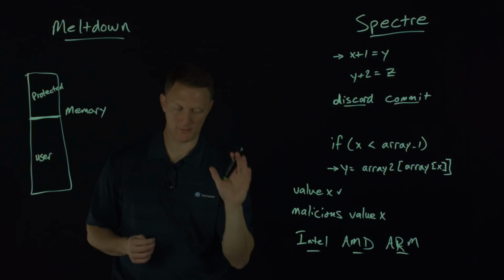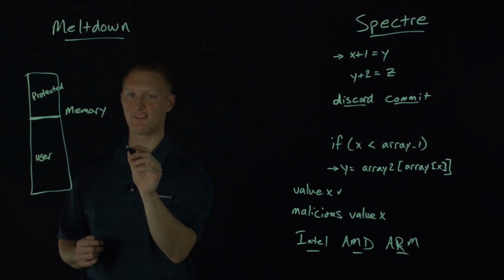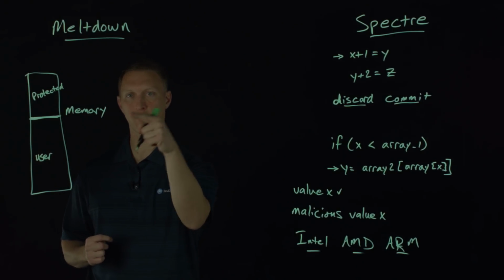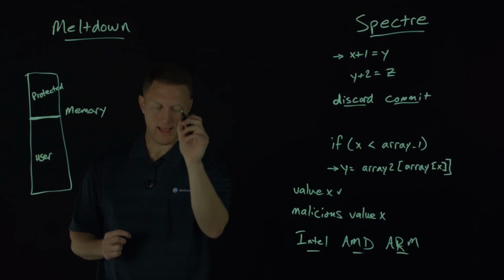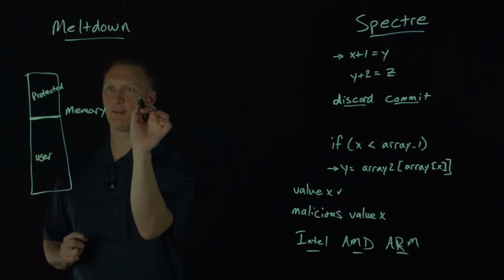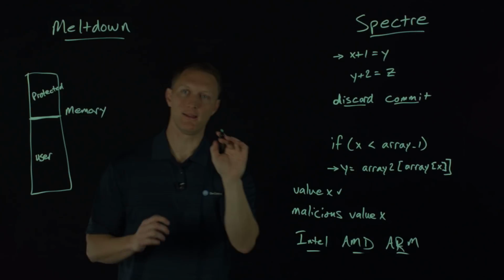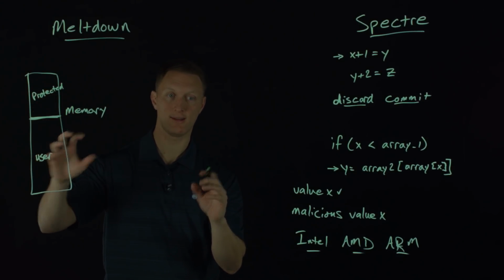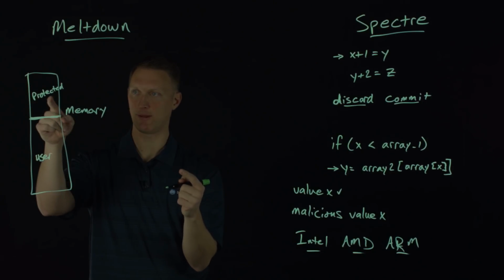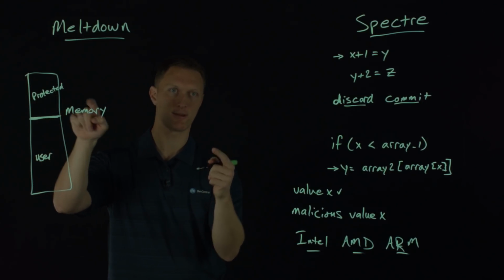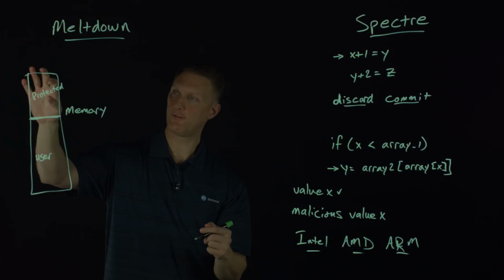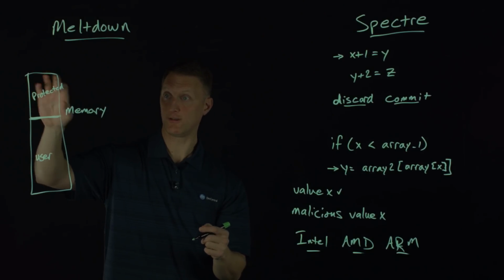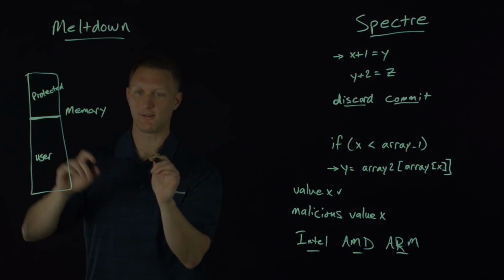What can happen here is a malicious bad guy can send instructions to the processor to say, hey, I need you to access this protected memory, but the protected memory is shielded from typical user activity. So if you're a user on the computer, you should not be able to access this protected memory. Because it's protected, or because it's shielded, the typical user should not be able to get into it.